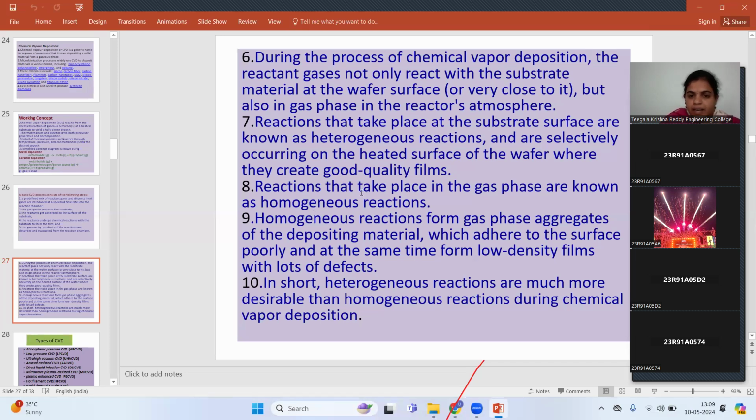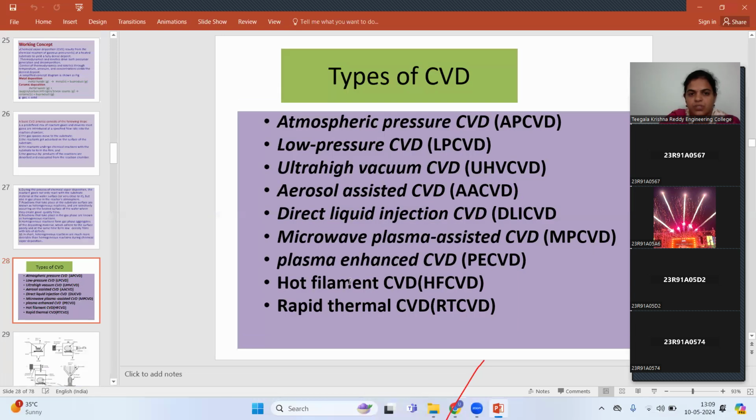Reactions that take place in the gas phase are known as homogeneous reactions, and they form gas phase aggregates of the deposition material which adhere to the surface poorly and at the same time form low density films with lots of defects. In short, heterogeneous reactions are much more desirable than homogeneous reactions during chemical vapor deposition.